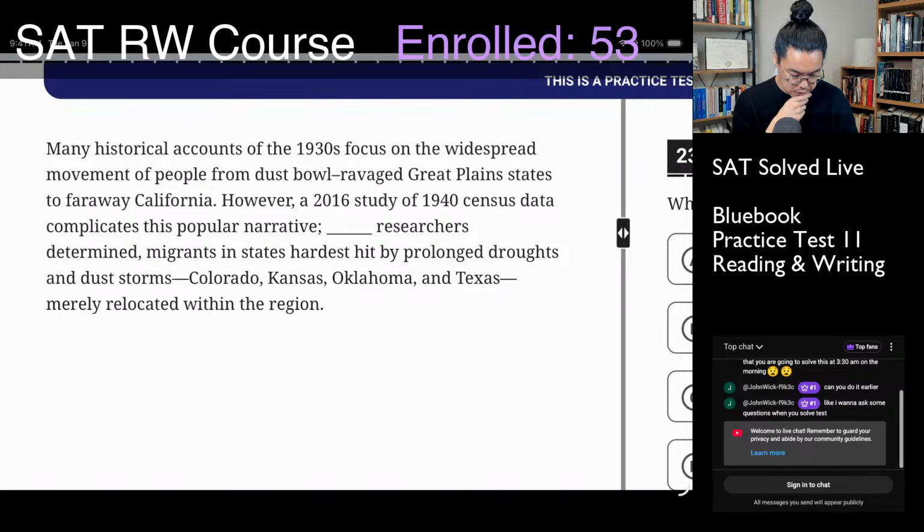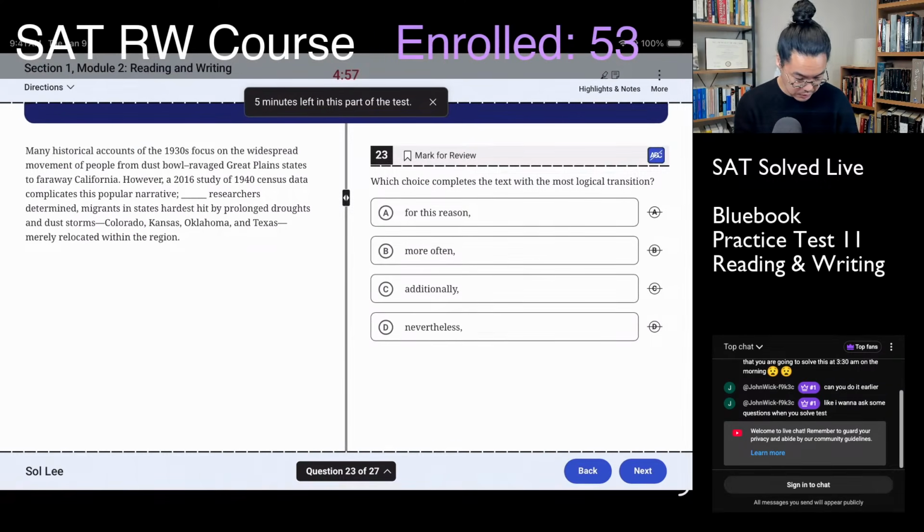Many historical accounts of the 1930s focus on the widespread movement of. Ooh, 5 minutes left. That hasn't happened in a long time. Okay, many historical accounts of the 1930s focus on the widespread movement of people from Dust Bowl ravaged Great Plains states to faraway California. However, maybe they didn't just do that.